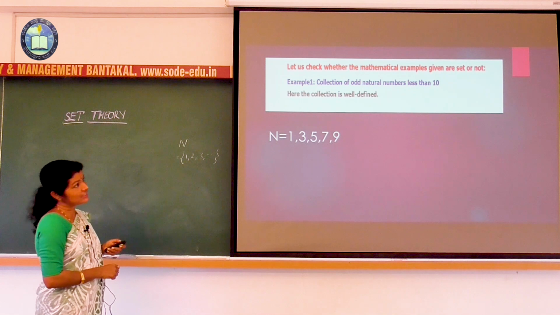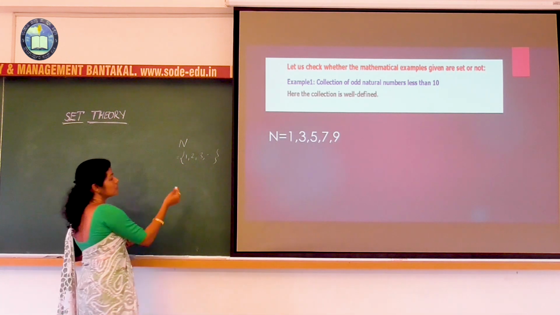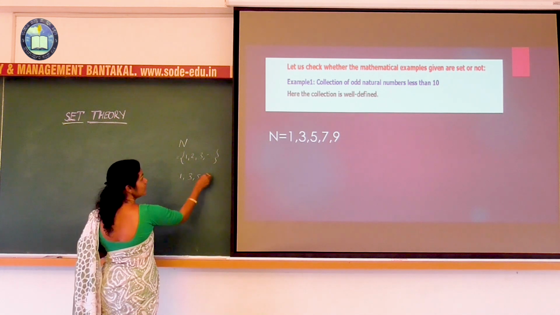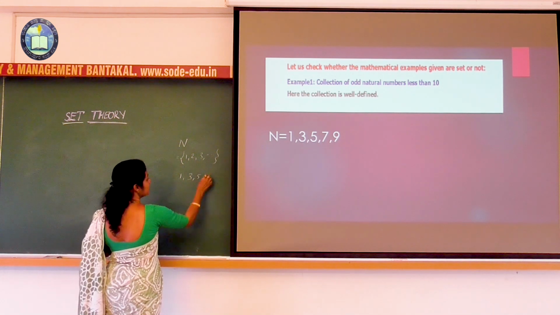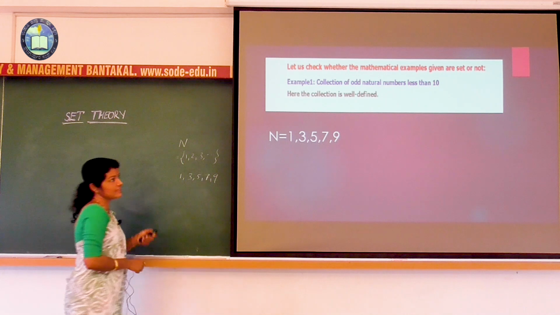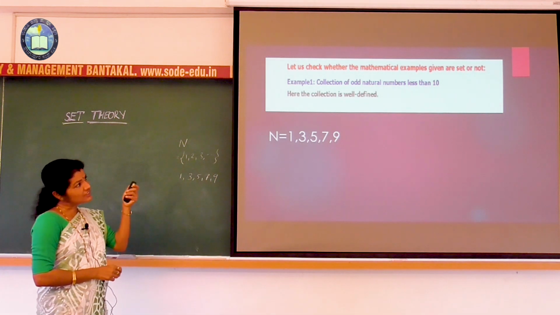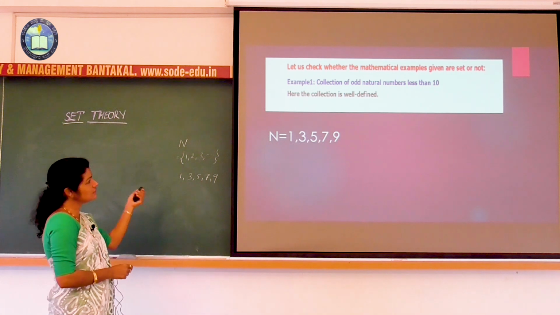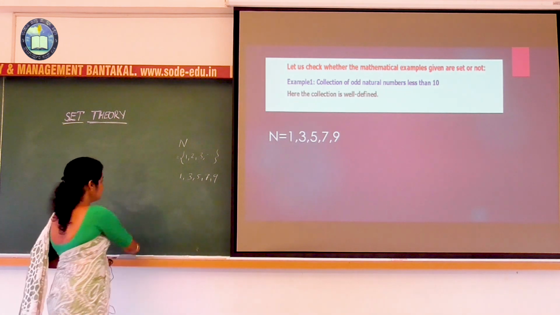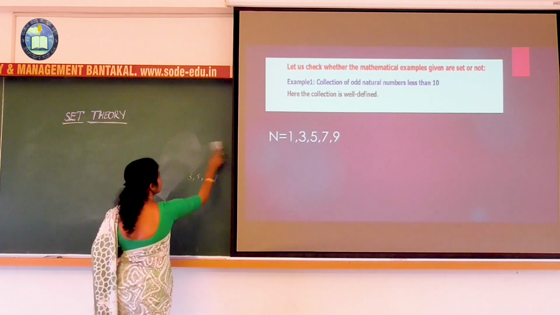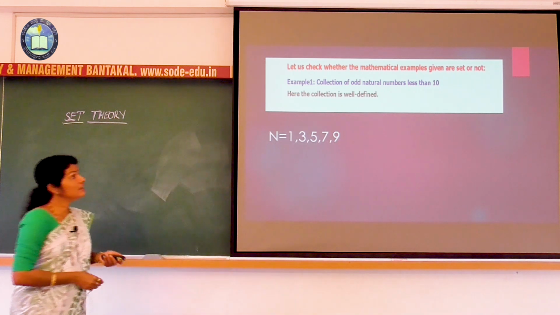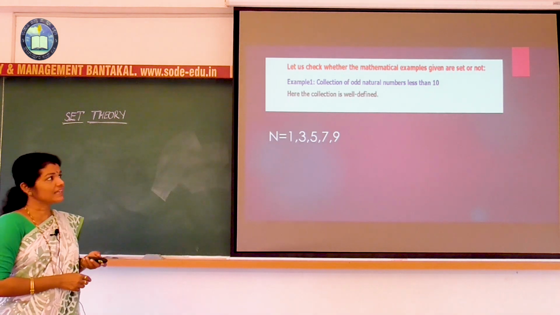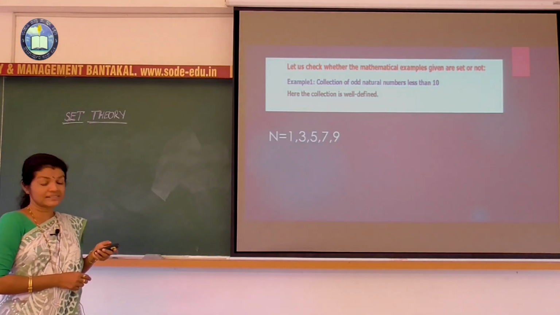But here it is a collection of odd natural numbers less than 10, so that includes 1, 3, 5, 7, 9. So here we can list the entries, right? So it is well defined. We can say that this forms a set.